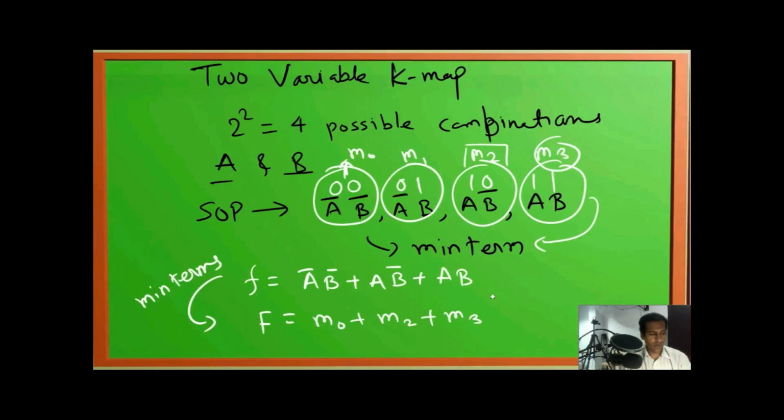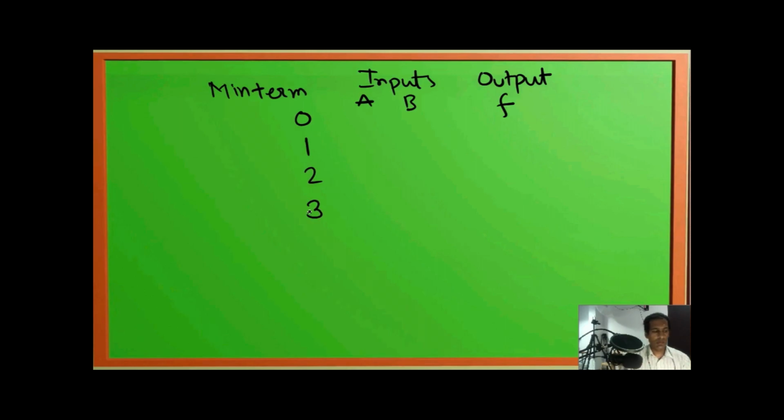In tabular form, if we represent the same thing, we have the min term, the two inputs A and B, and the output F. The min terms are 0, 1, 2, 3, with inputs 0 0, 0 1, 1 0 and 1 1.